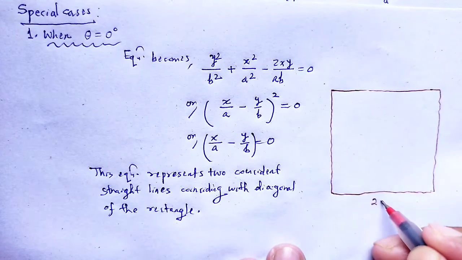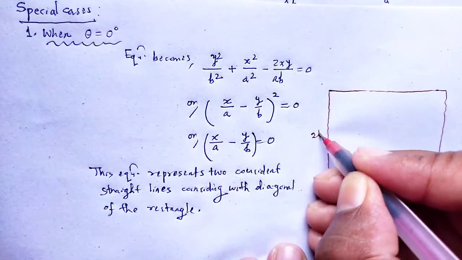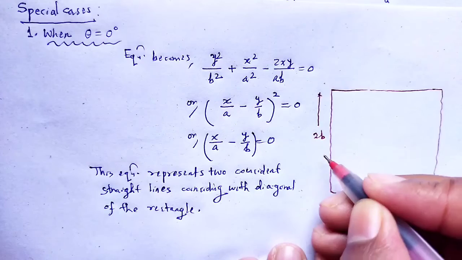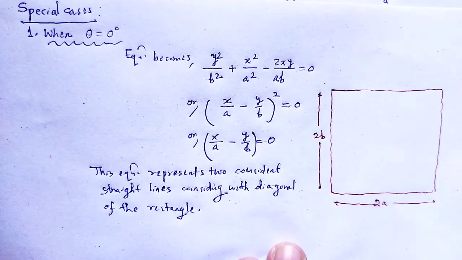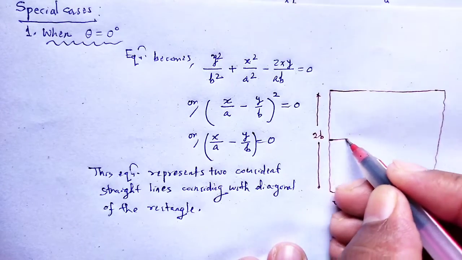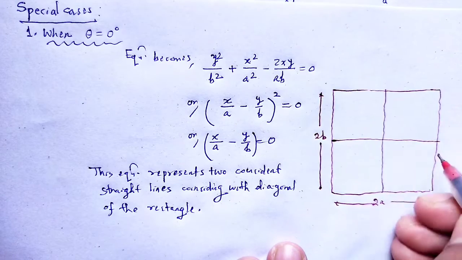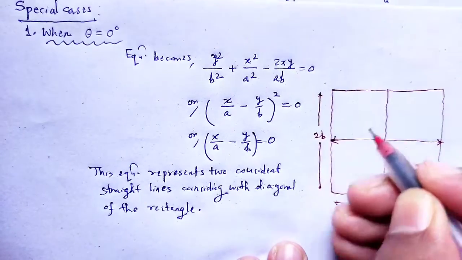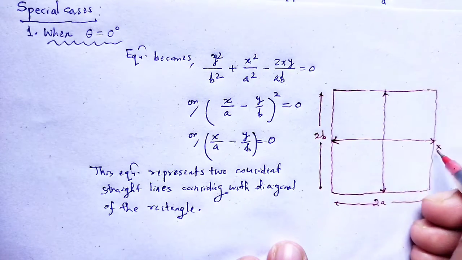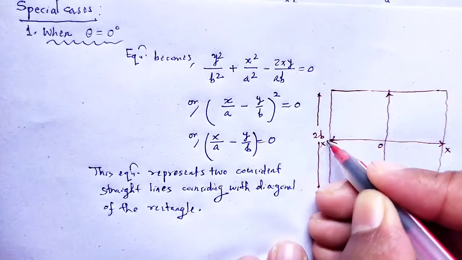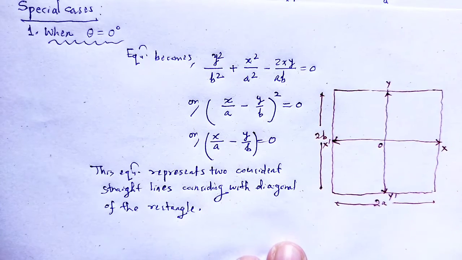That side is 2a, that side is 2b, and here the axes are represented as x o x dash, y o y dash.